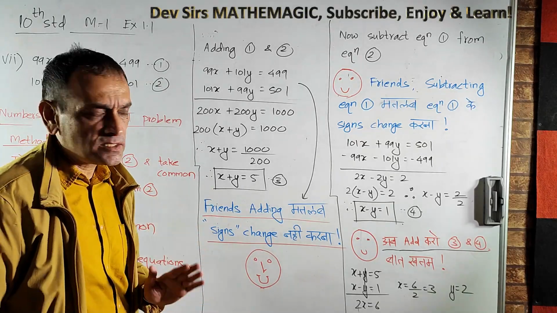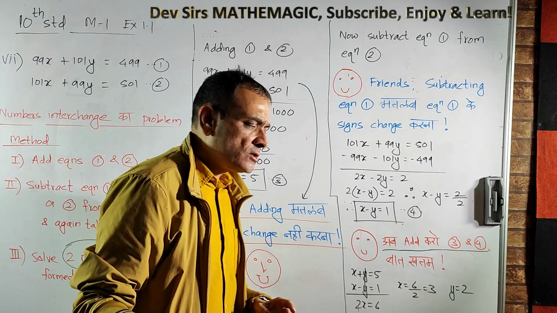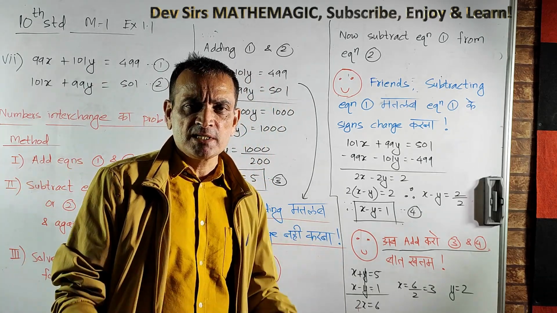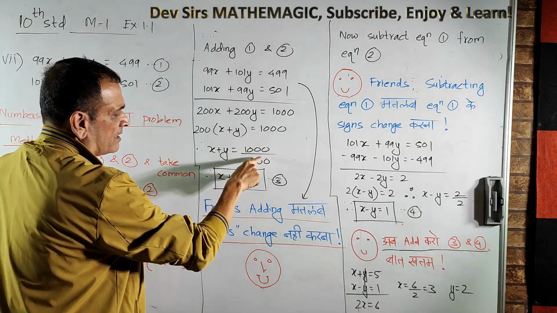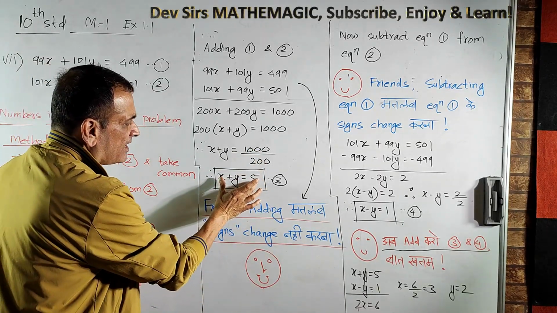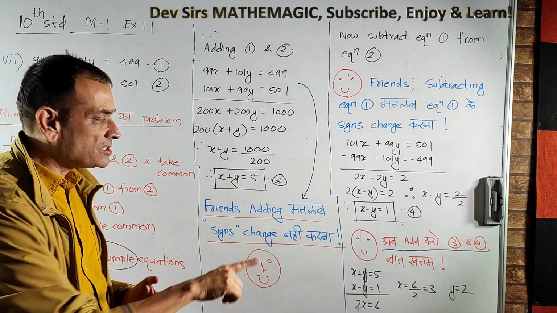This is all 8th standard stuff, but so that you won't make any silly mistake, I'm just repeating certain basic things. 1000 upon 200 is 5. So x plus y equal to 5. That is equation 3. We got a simple equation.